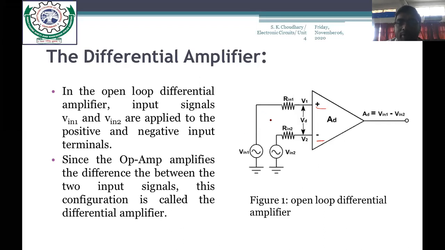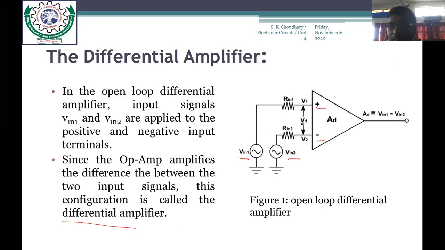In this open loop differential amplifier, input signal Vin1 is applied to the non-inverting terminal and Vin2 is applied to the inverting terminal. Since the op-amp amplifies the difference between two input signals, this configuration is called a differential amplifier.